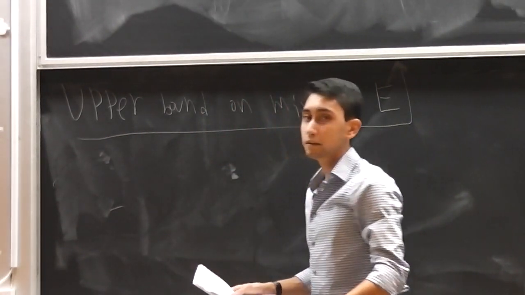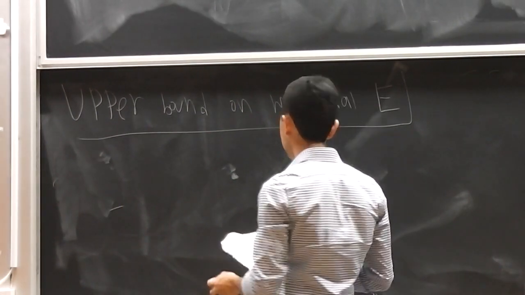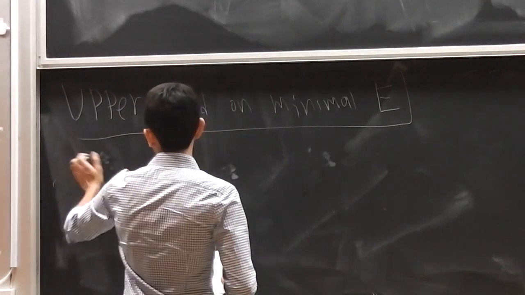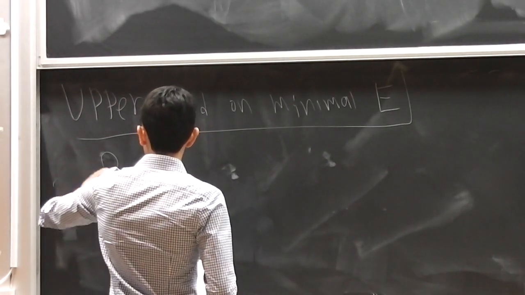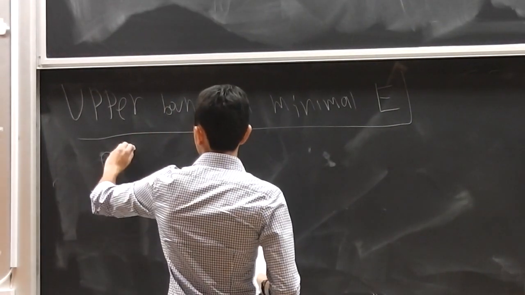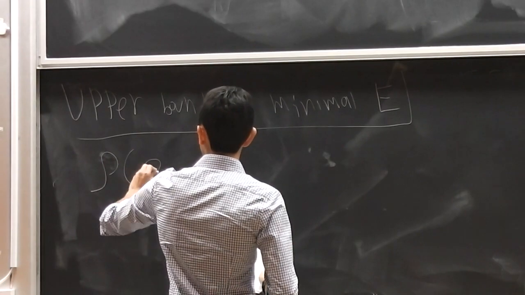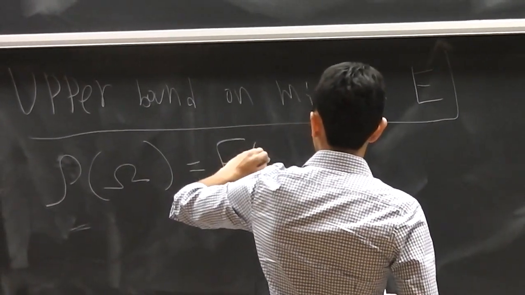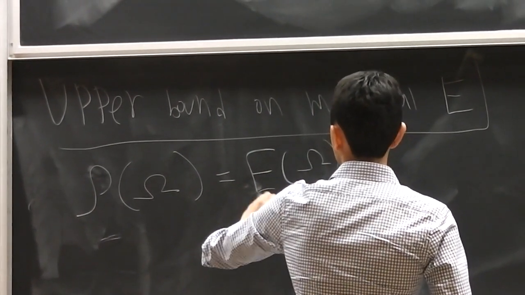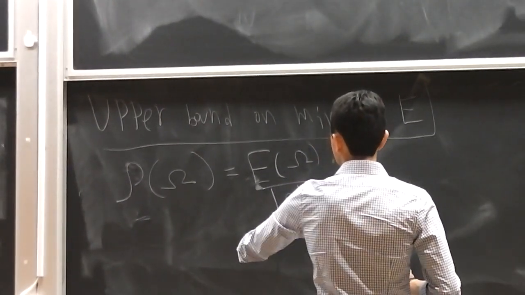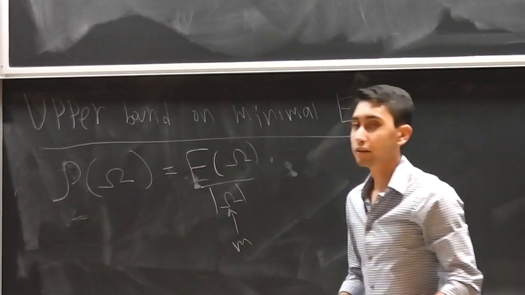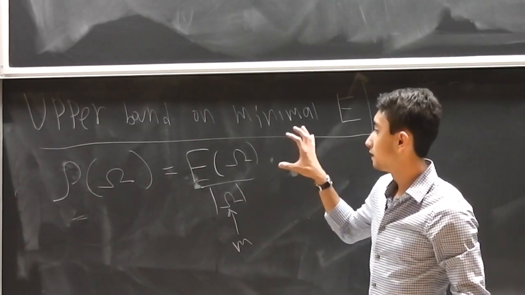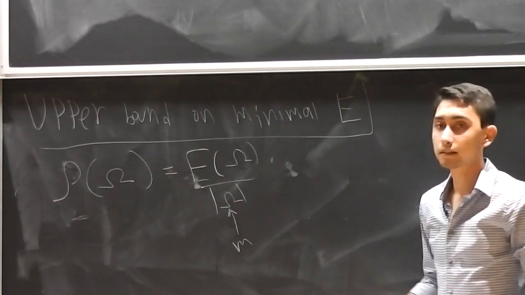We want to get an upper bound for what that energy is. So now instead of working with E, we're going to work with rho. We define rho of some set omega to be E of omega divided by the mass. So minimizing E is the same as minimizing this rho, as long as M is fixed.